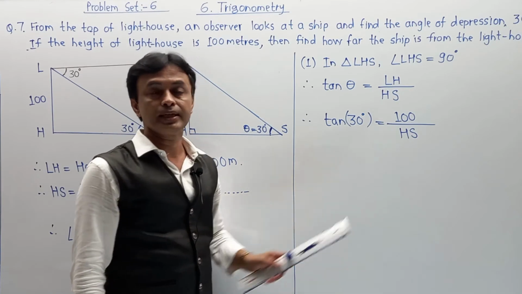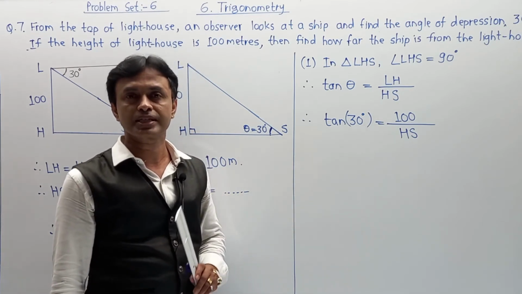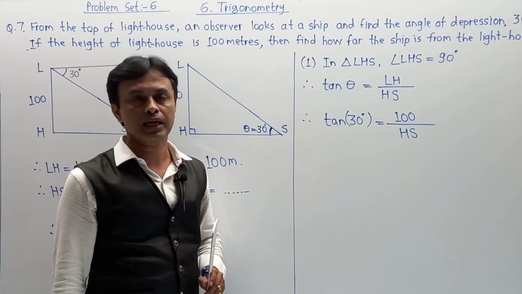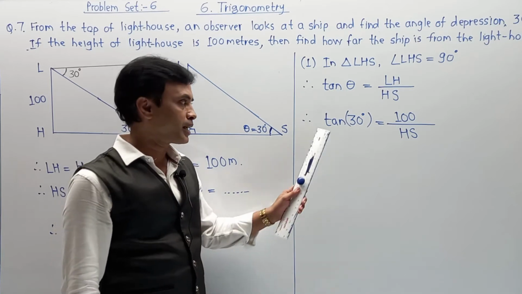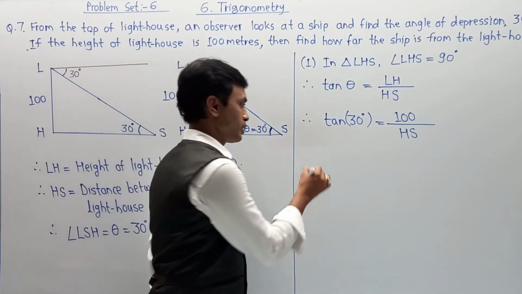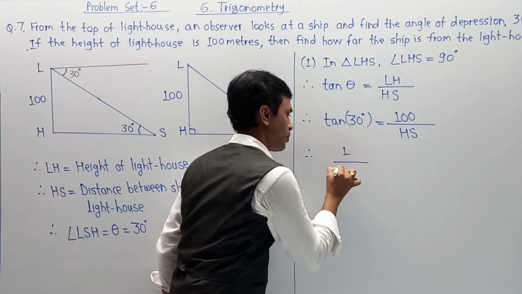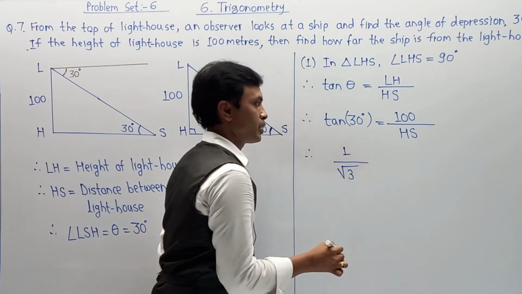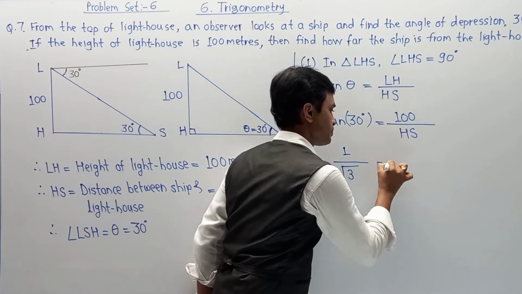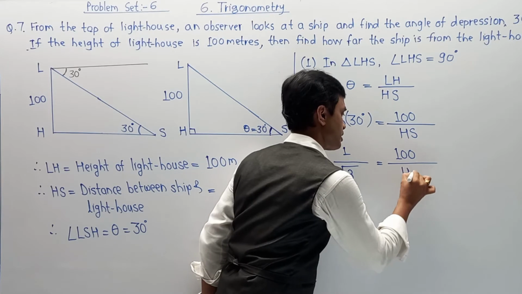Now tan 30, again we have to take the help of our table where 0, 30, 45, 60, 90 with the values of sine, cos and tan are given. As per the table, tan 30 is 1 upon root 3. So 1 upon root 3 is equal to 100 upon HS.